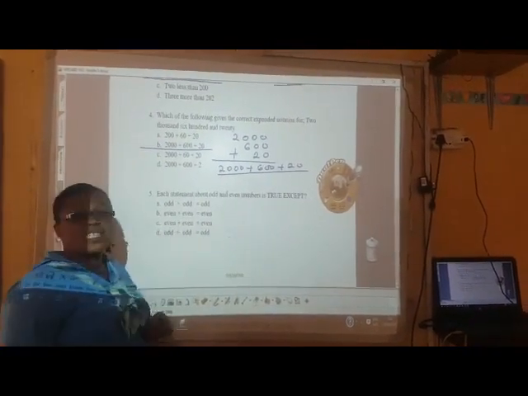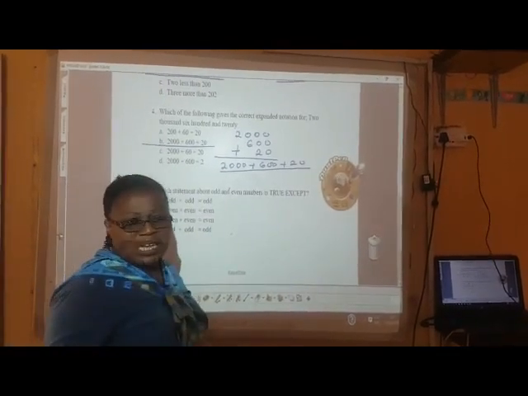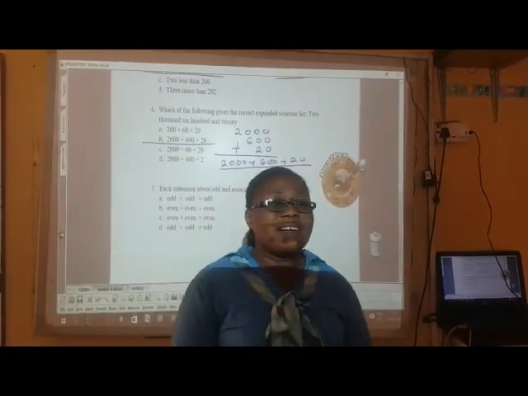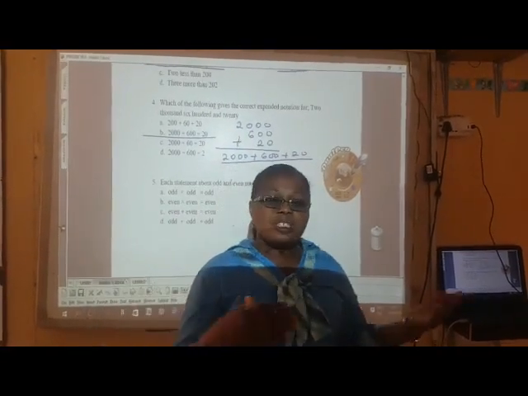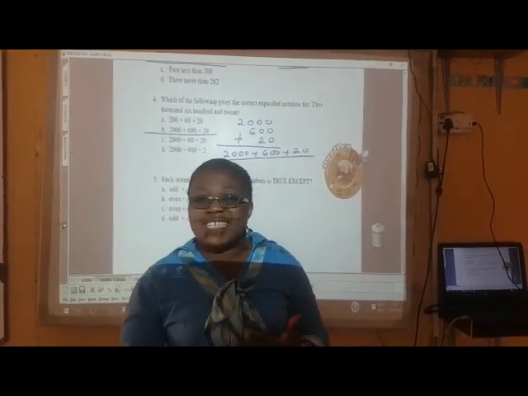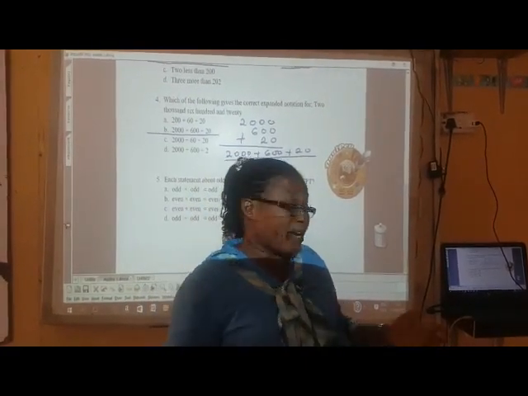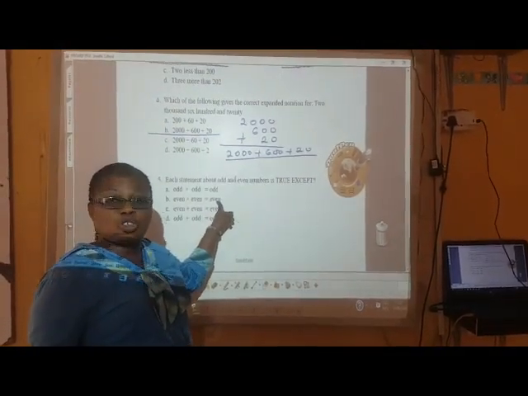Now let's look at the second one. Even times even is equal to even. Let's pick 2 and 4. 2 times 4 will give us 8, and we can see that 8 is also an even number. You can see that the statement is also true.